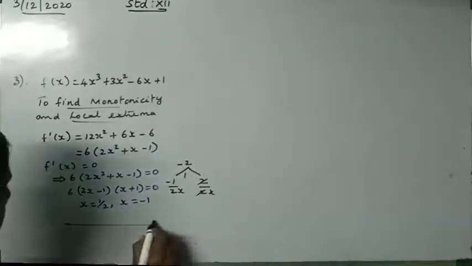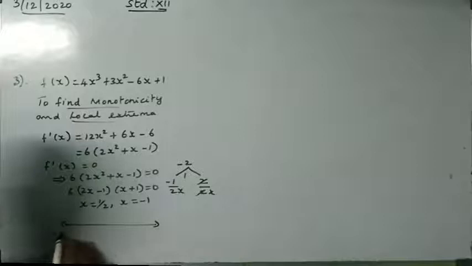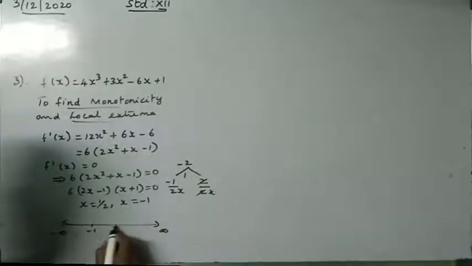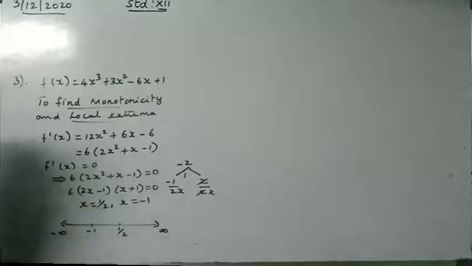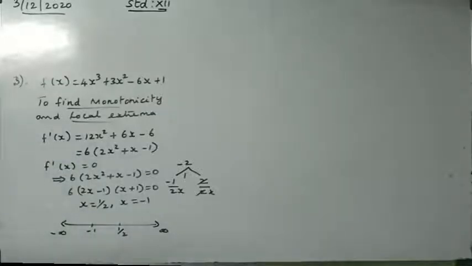Now take a number line from minus infinity to plus infinity, marking minus 1 and 1 by 2. So what are the intervals we are getting here? Minus infinity to minus 1, minus 1 to 1 by 2, and 1 by 2 to infinity.